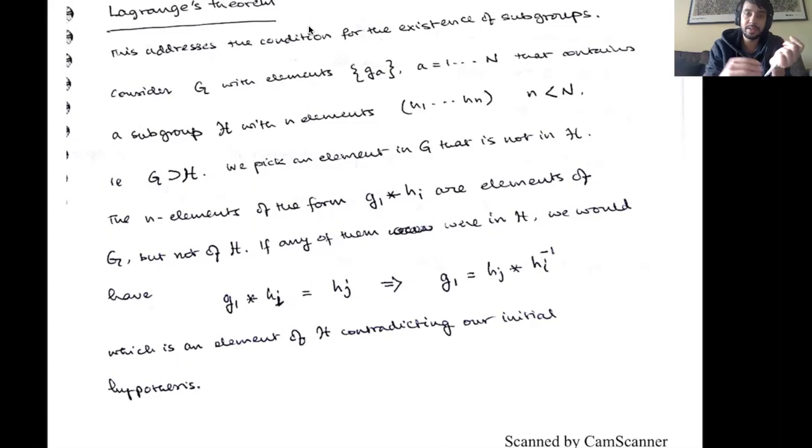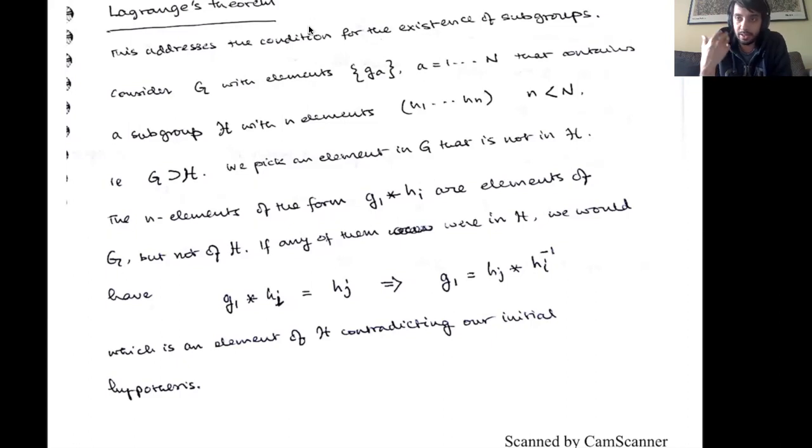Lagrange's theorem gives you an idea of how to go about looking at whether or not subgroups exist. And we'll try and elaborate this a little more. Yeah, I think this last little bit was a little rushed.